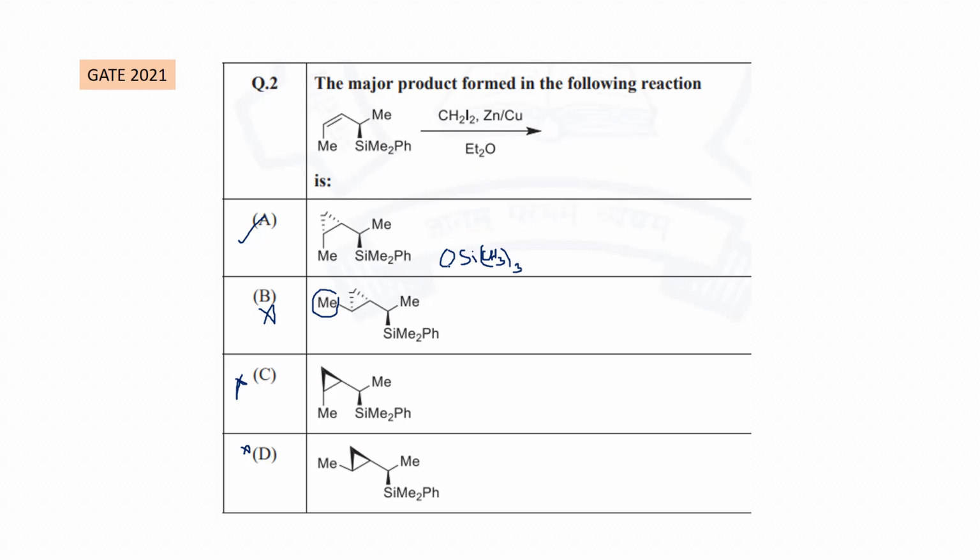If there is, it will coordinate with our zinc complex and give a functional-group-controlled stereospecific product. I will give it a minute, just grab it and note it down.